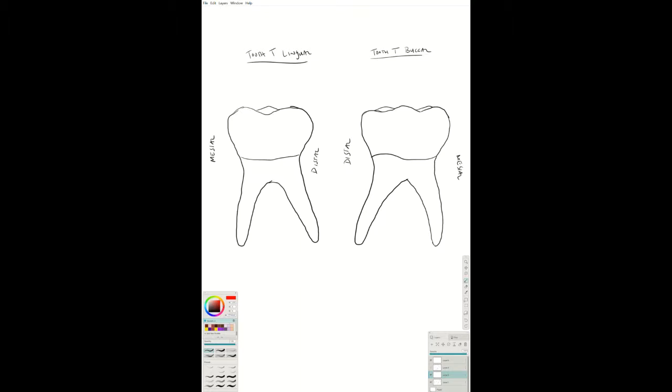So if we look at both of these views, if we just draw a line straight down from the distal side of the crown, we can see how that root really extends beyond that, and the apex is quite a bit over here, and it really flares out. We don't have quite as much of a curve of the apices in towards one another like we saw on the permanent molar. We just see much more of this flared look to it.